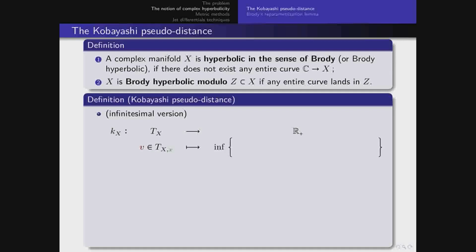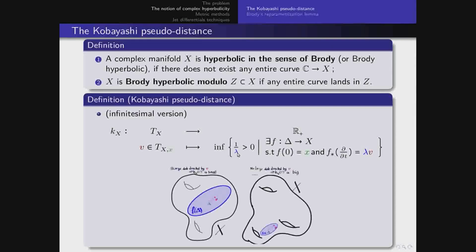It will be the infimum of 1 over lambda, where lambda runs over any positive real number such that there exists a curve, so a map from the disk to X, based at x, and such that the image of the standard tangent vector at 0 is lambda times v. So here lambda, I recall, is a positive real number.